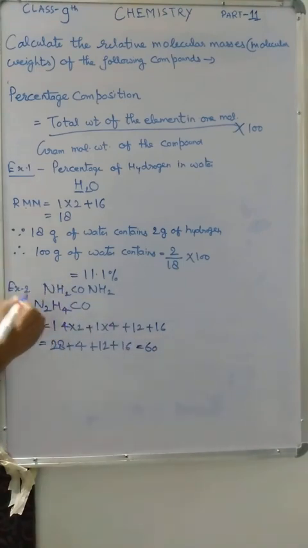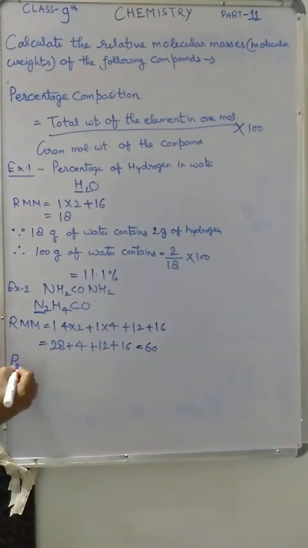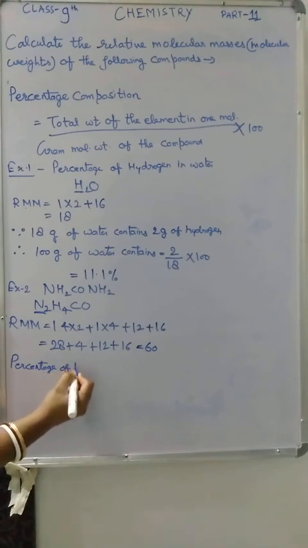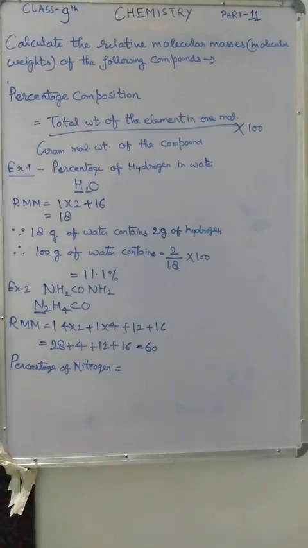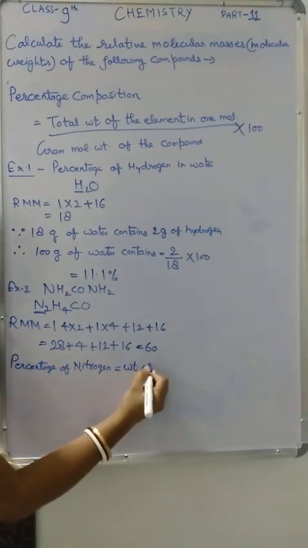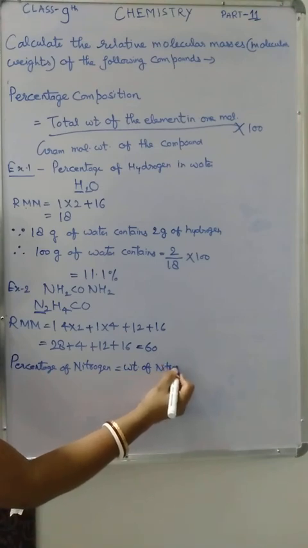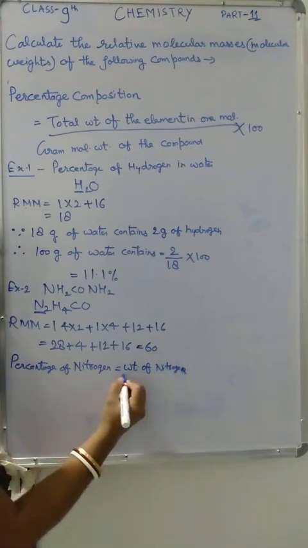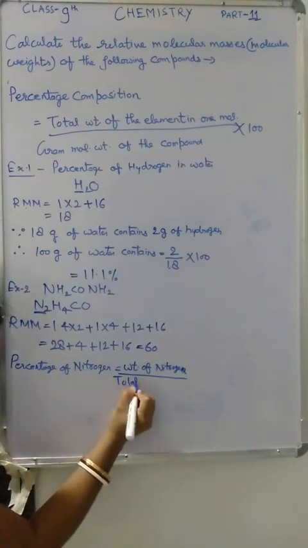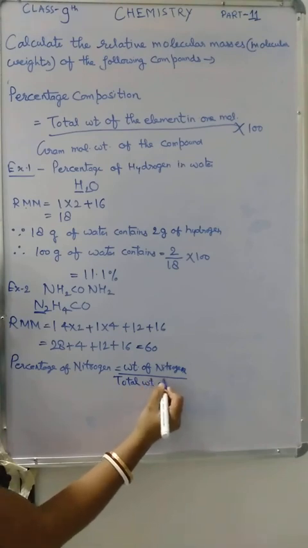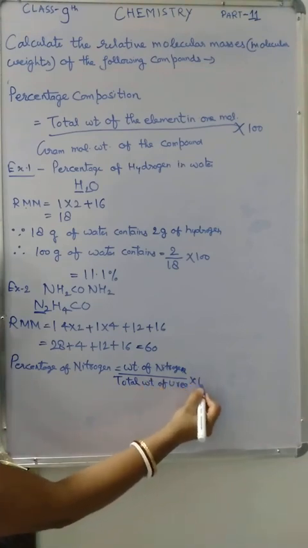Now you have to find out the percentage of nitrogen only. So again you have to write down the formula. Percentage of nitrogen is the weight of nitrogen upon the total weight of urea, into 100.